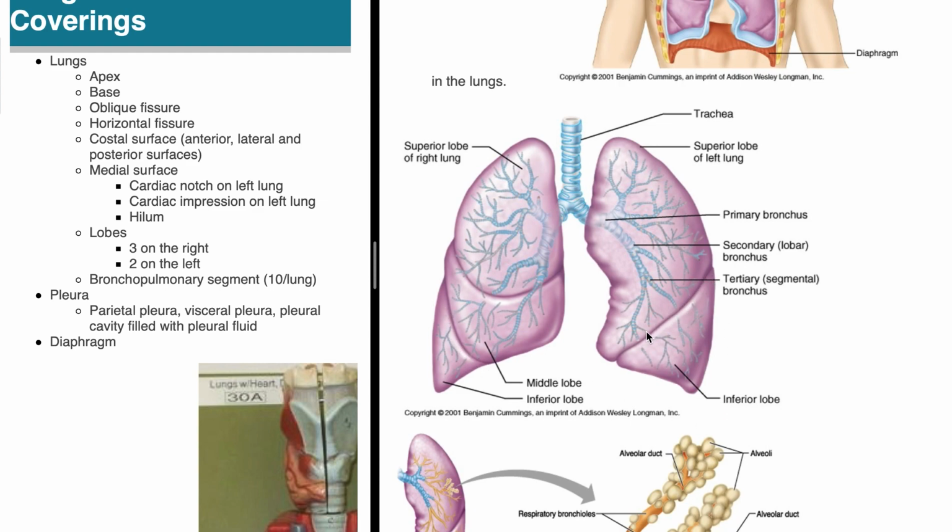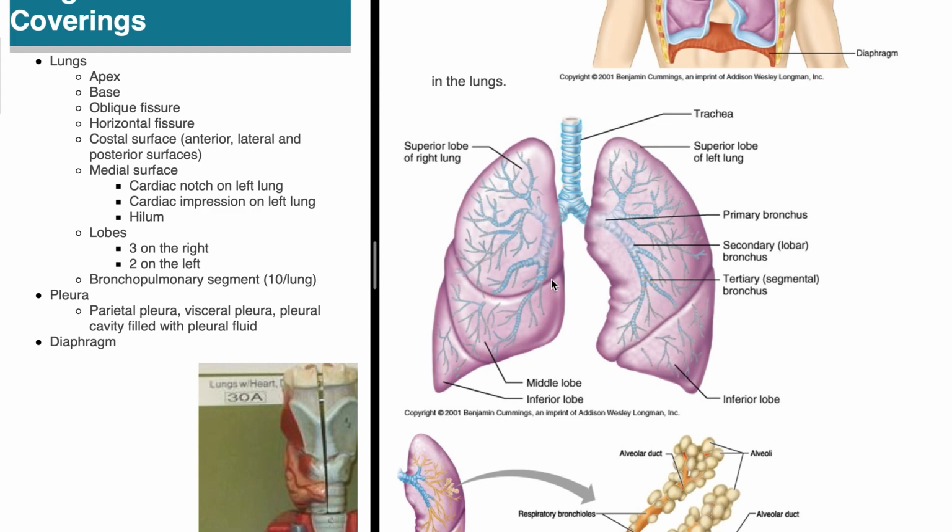So that 45-degree angle, that should translate into the word oblique in your mind. So both lungs, both the right and the left lung, have an oblique fissure. Then there's only one horizontal fissure. And the horizontal fissure is just on the right-hand side, and it's between the superior and middle lobe.